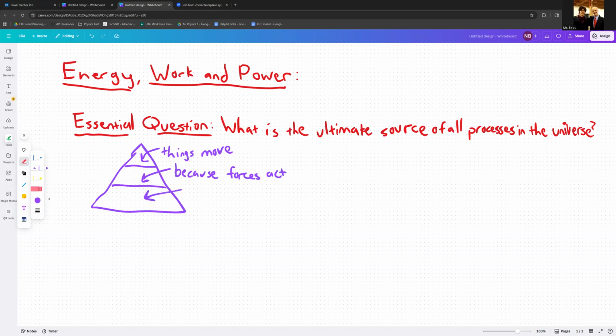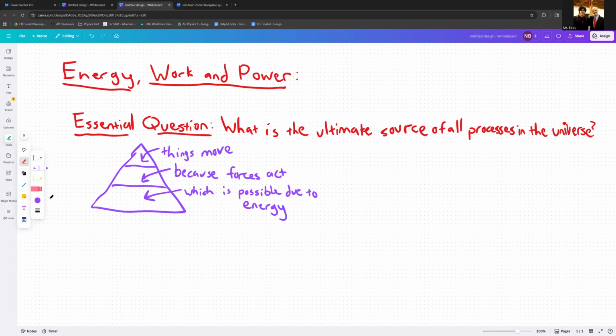and the bottom layer of all of this is which is possible due to energy. The reason that pushes and pulls, the reason that forces can act is because energy allows for that.